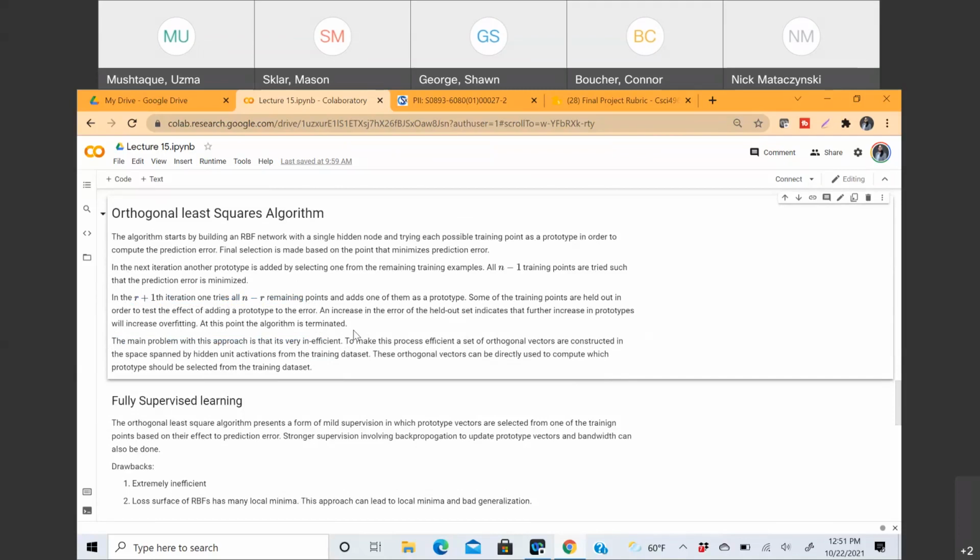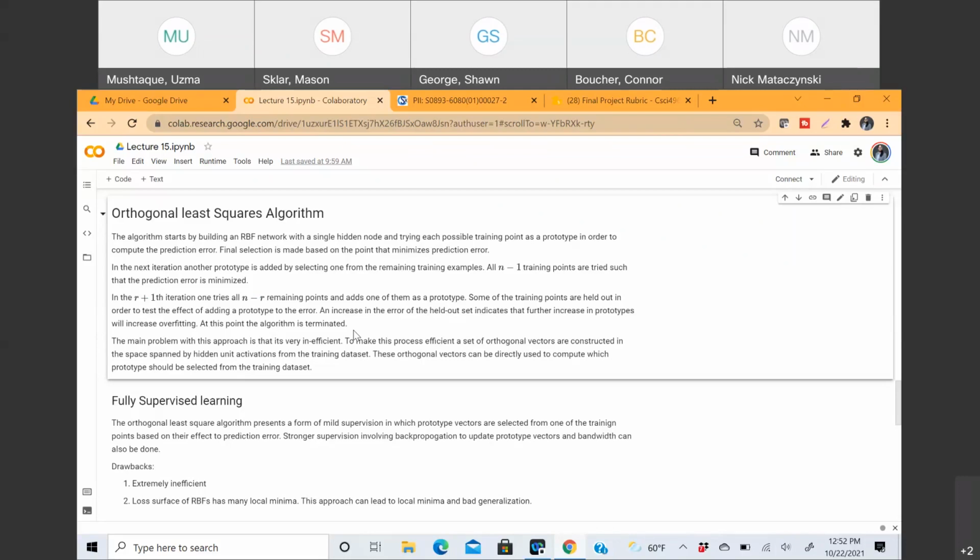I'm also calculating the error of my prediction every time, and based on that, I'm adding my prototypes, right? And I stop adding prototypes when I see that the prediction error has begun to grow instead of going down. That's actually pointing to overfitting, because my error started to go up, so I have enough prototype vectors, and I should just stop.